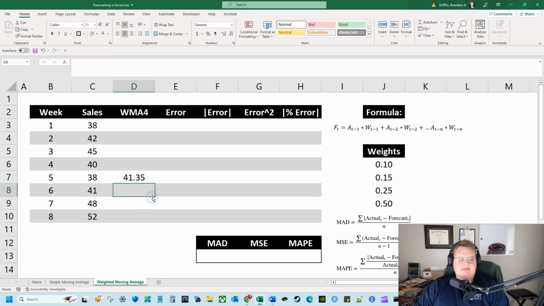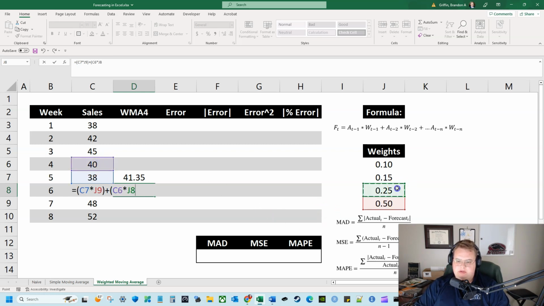If we were using absolute cell referencing, we could use a formula called SUMPRODUCT, which essentially multiplies two different sets of numbers and adds them all up. But here I'm just going to keep doing it manually. So we want the 4 prior periods. Let's do open parentheses, 38 multiplied by 0.5, close parentheses, add that to 40 multiplied by 0.25.